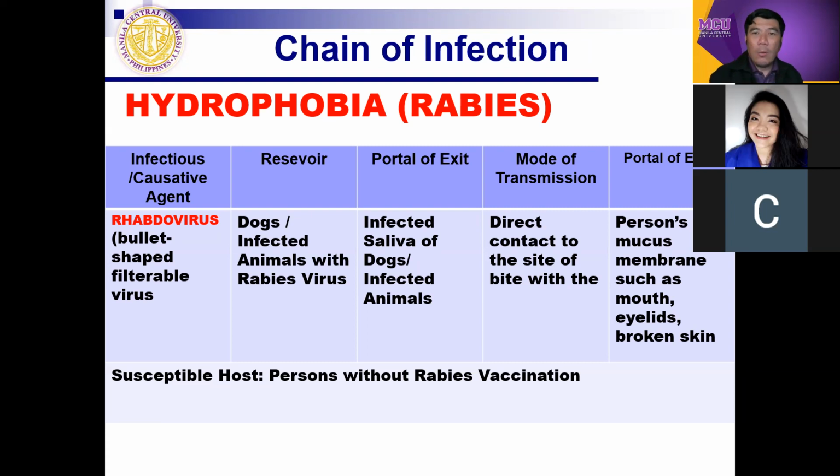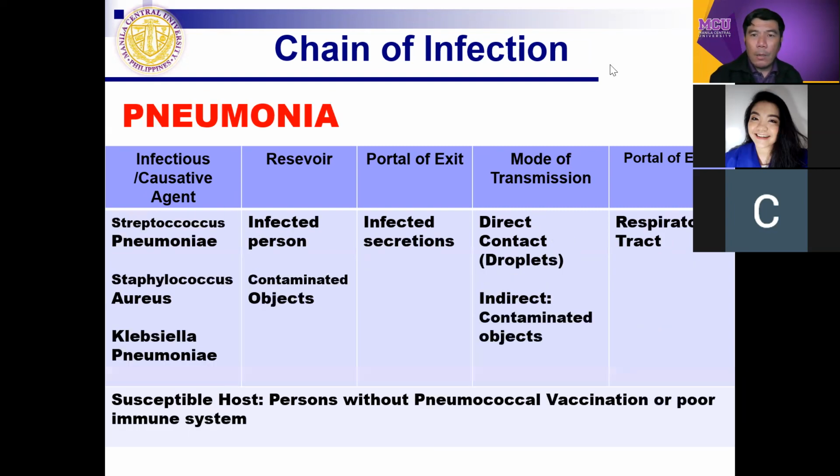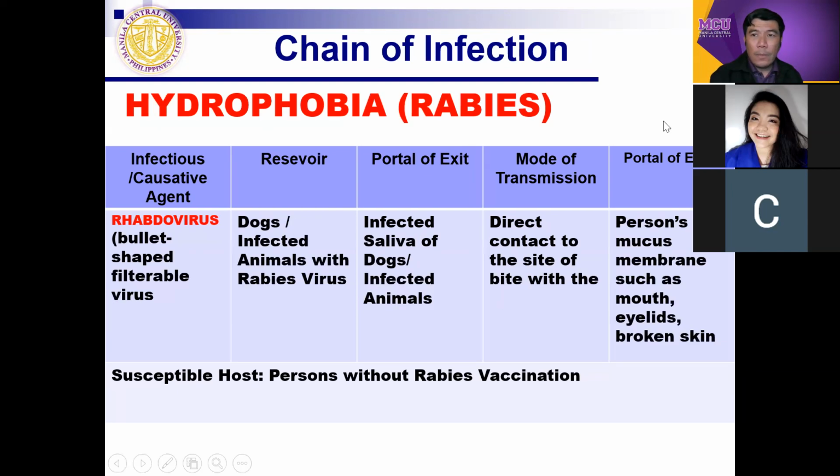At ang portal of entry is within the mucus. So it's either class yung infected saliva na yon na may rhabdovirus, pwede yan through the oral mucosa kasi it could be absorbed agad yan eh. Eyelids kasi mucosa yan, broken skin. So once the virus entered and caused fever or any of the manifestations of rabies, then you could be considered a susceptible host.